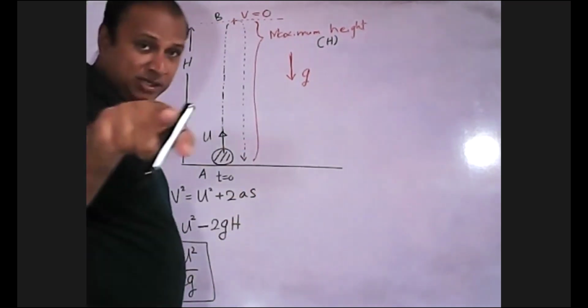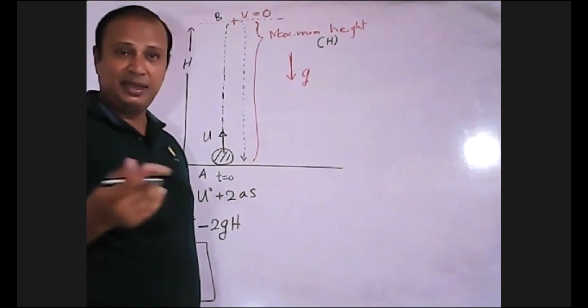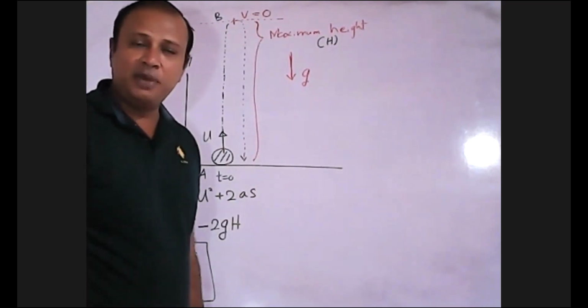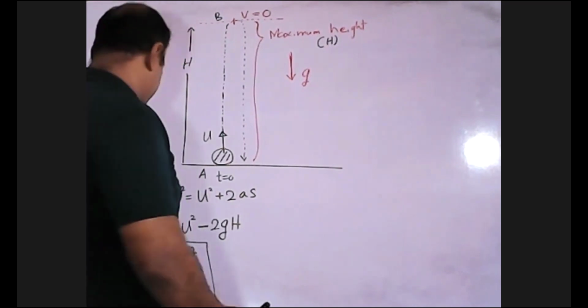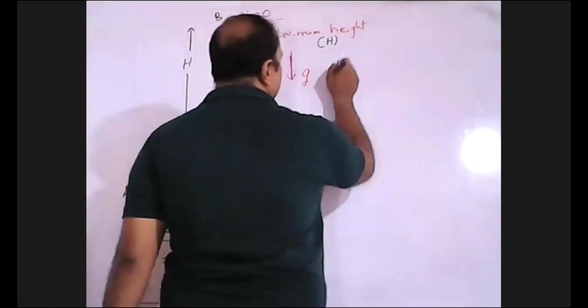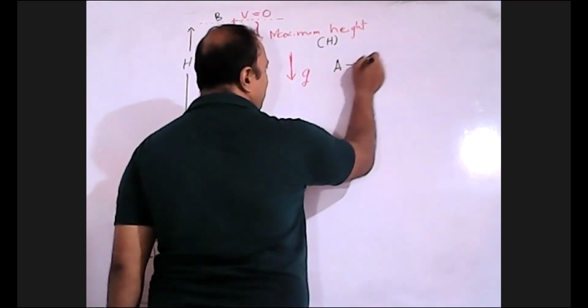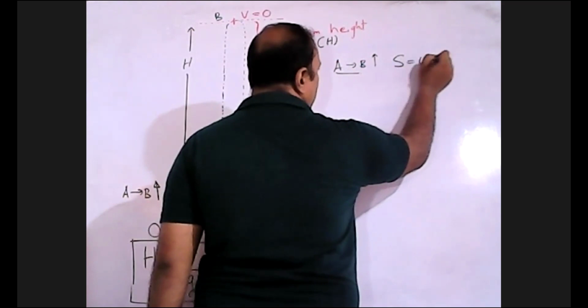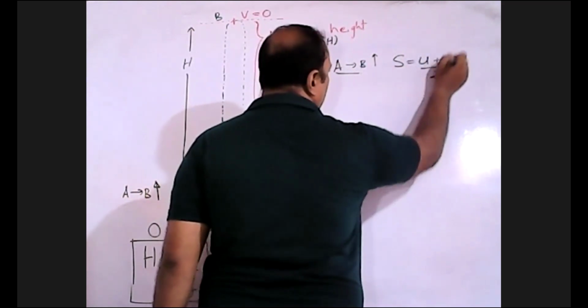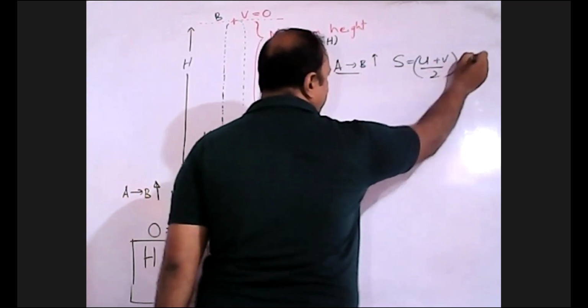Now you can use that equation. From A to B in the upward direction, s equals u plus v over 2 times t.